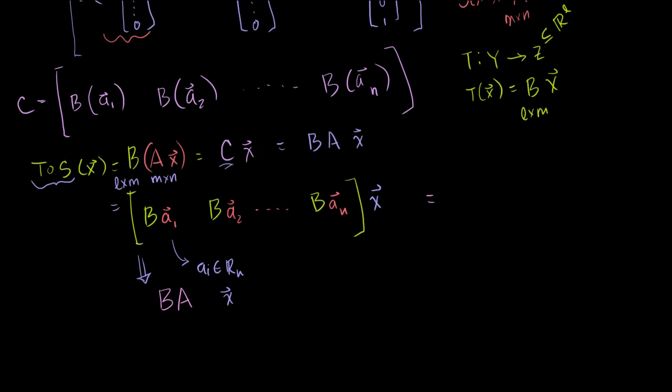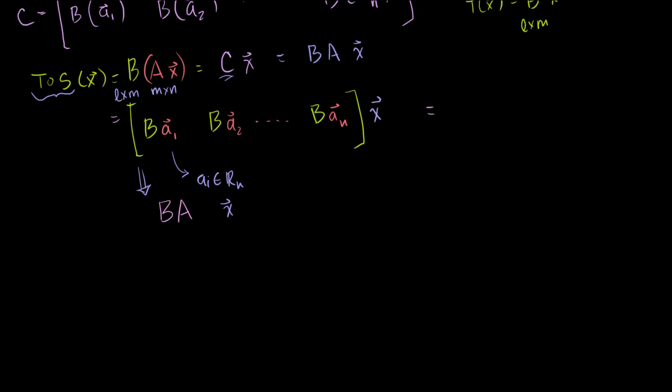So let's throw in this definition. If we have some matrix B, which is an L by M matrix, and some other matrix A, whose column vectors are A1, A2, all the way to AN, then we are going to define the product BA.